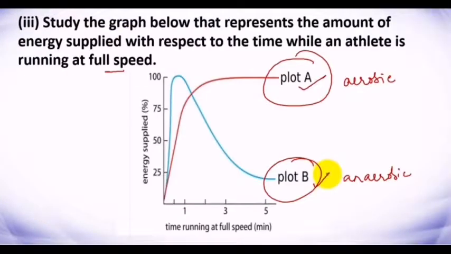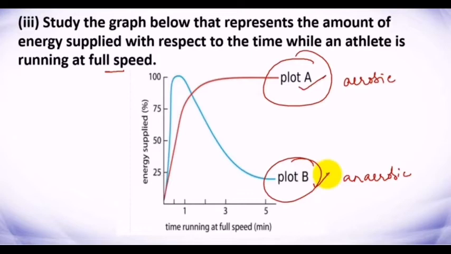From the graph we can identify that plot A represents aerobic respiration because the amount of energy released is high and consistent. And plot B shows anaerobic respiration because here the energy level is high at first and decreases with time and it is inconsistent.